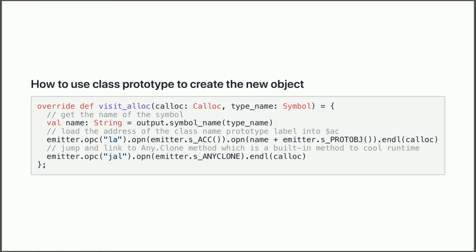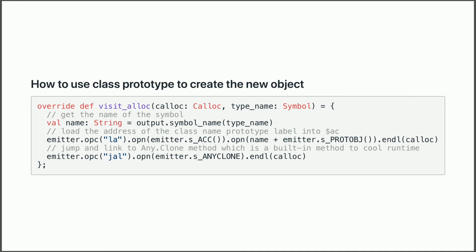Then I put the address of the class's object prototype label into s underscore acc. You will see that in the code generator, so let's keep that for now.